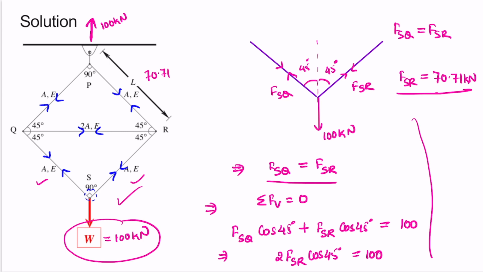So here it will be 70.71 and here it will be 70.71 because joint P has the same loading as joint S, right? So now we know all the forces. We know FPR, FPQ, FSQ and FSR. The only thing we don't know right now is FQR. Let us solve for joint R in order to get the value of FQR.